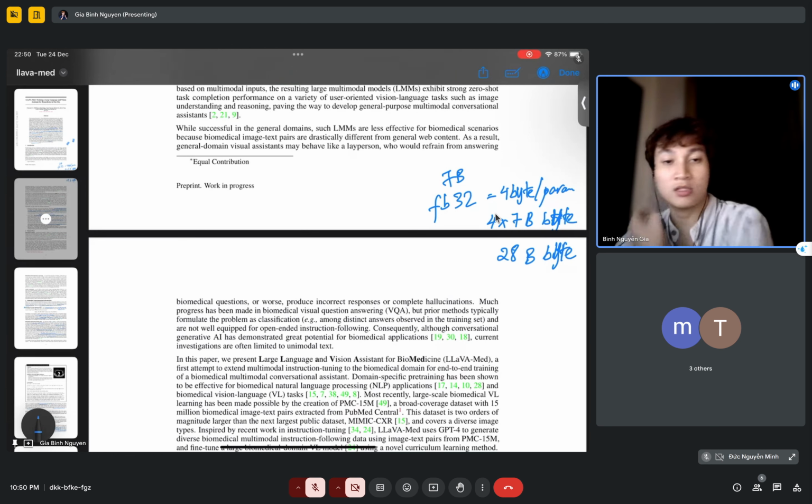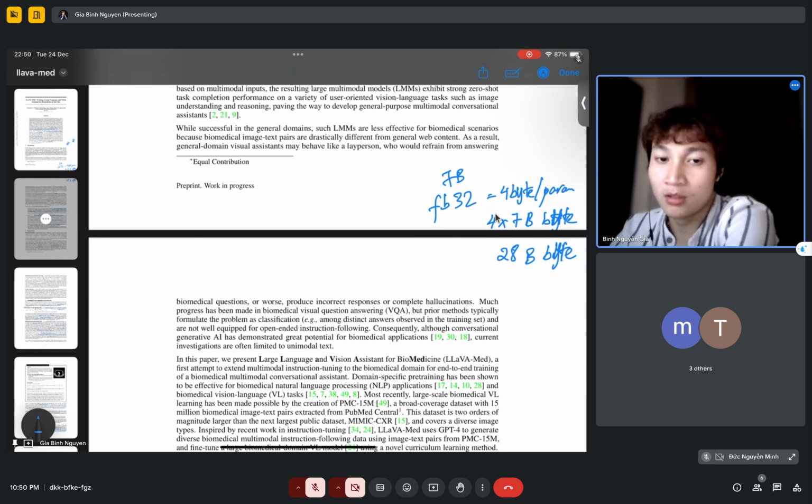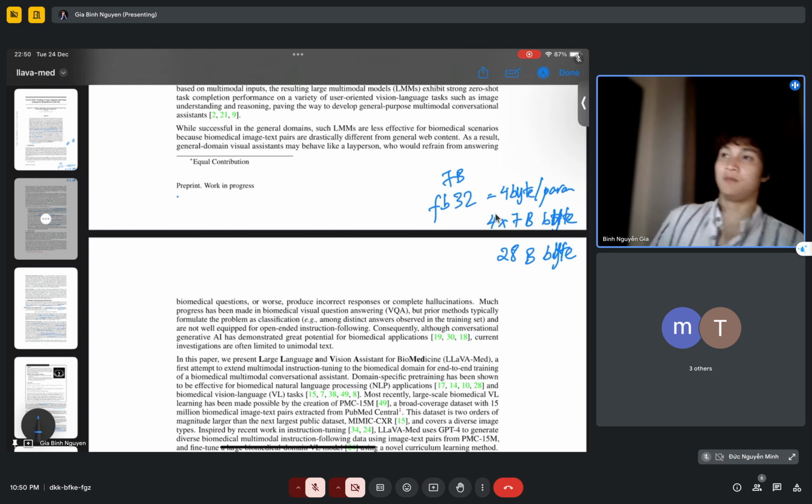There are several versions of the LLaVA model. LLaVA is combined from a vision model and a language model, and the main amount of parameters of LLaVA comes from the language model.